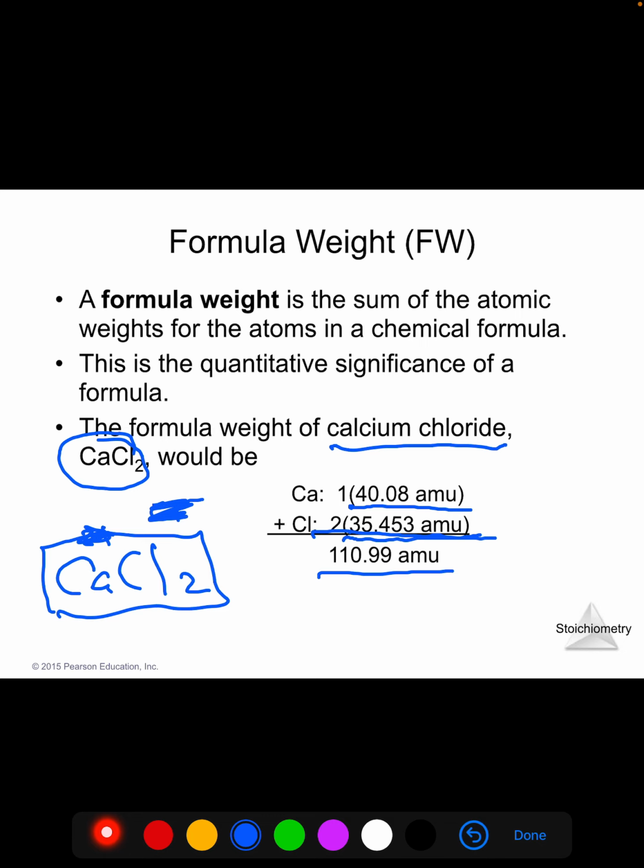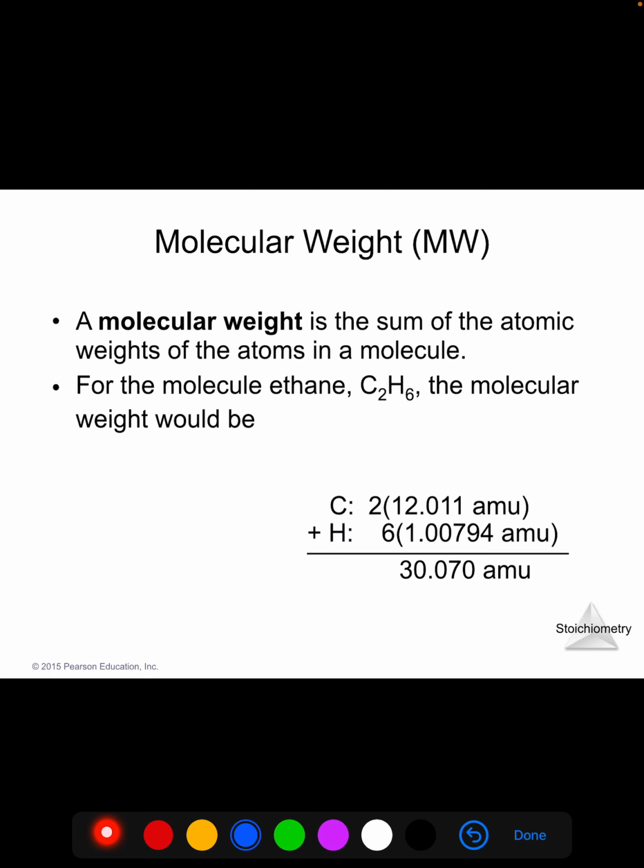And this is the chemical formula for this ionic compound, calcium chloride, and we call it its formula weight or formula mass. Molecular weight or molecular mass, either one. I prefer molecular weight because that's what I've learned. A lot of books are very strict about calling it molecular mass. It is the sum of all the atoms.